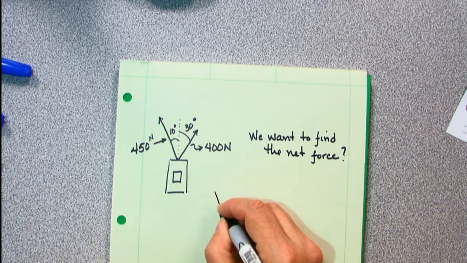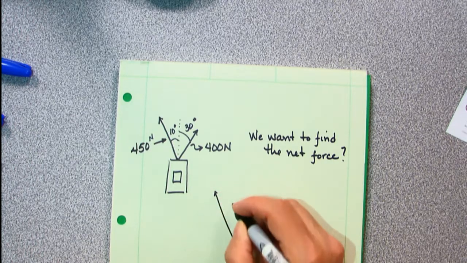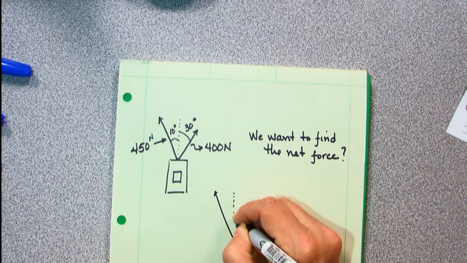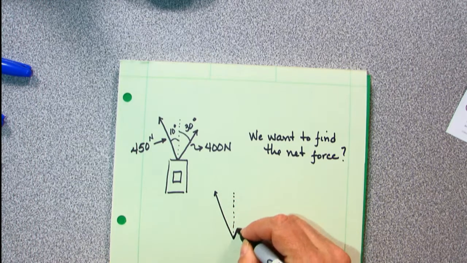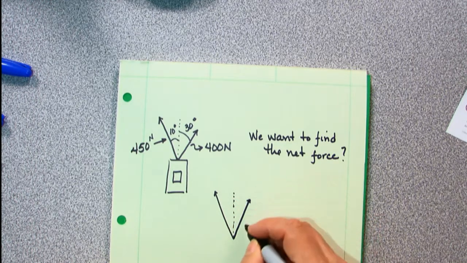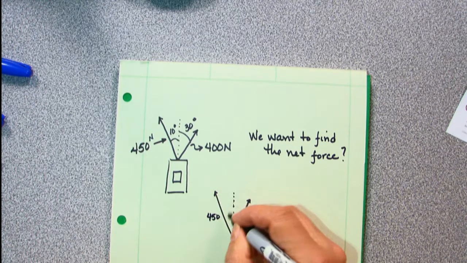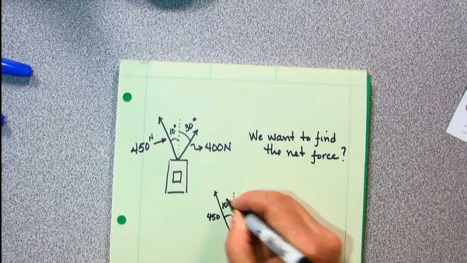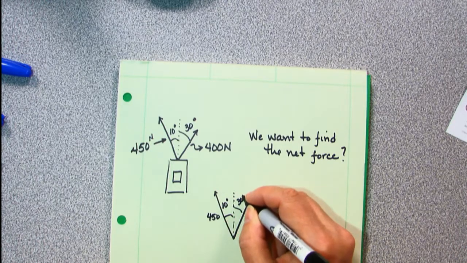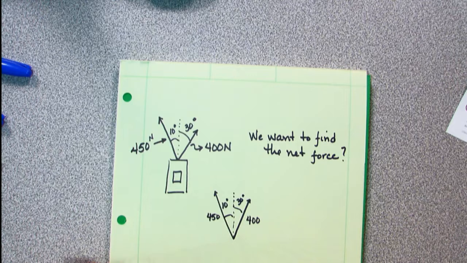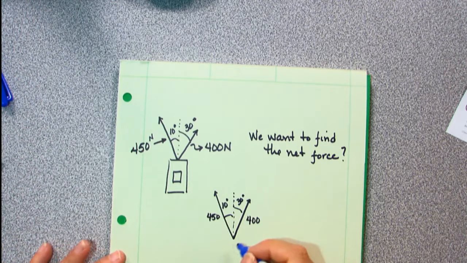If I draw just the diagram by itself, this is 400 and this is 450, this is 10 degrees and this is 30 degrees. What I'm going to need to do is get my components.